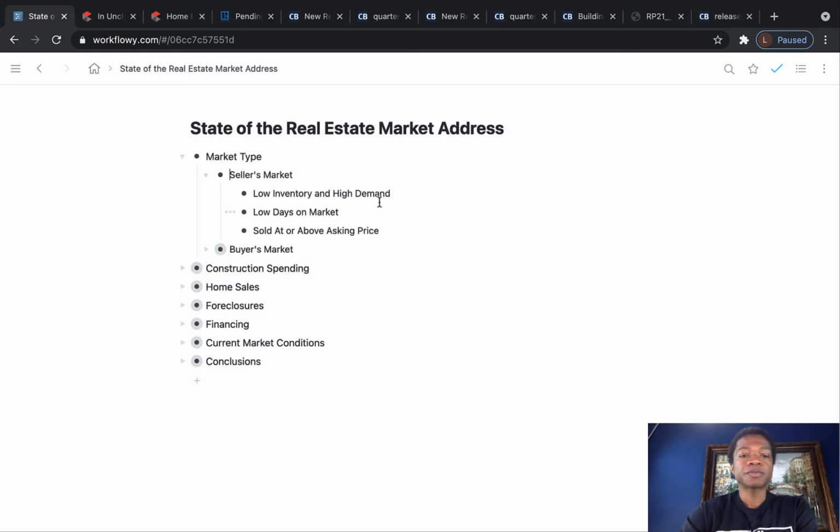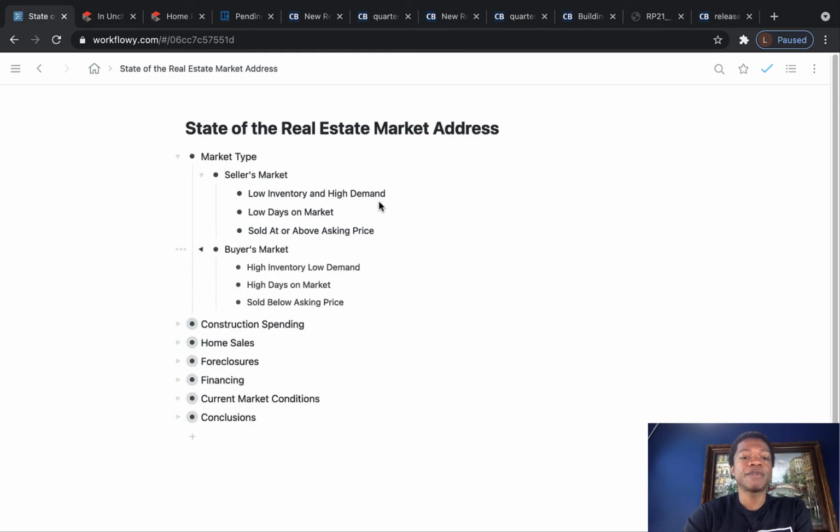The way we know whether we're dealing with a seller's market is the inventory and demand. With a seller's market, you see low inventory and high demand. You also typically see low days on market for the listings, and homes being sold at or above asking price.